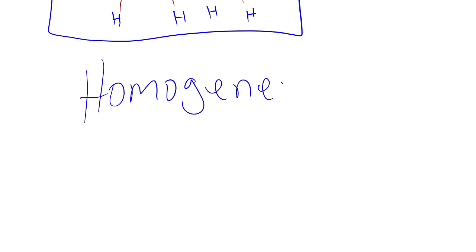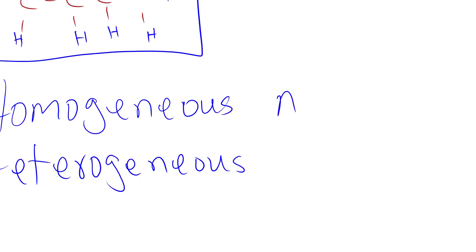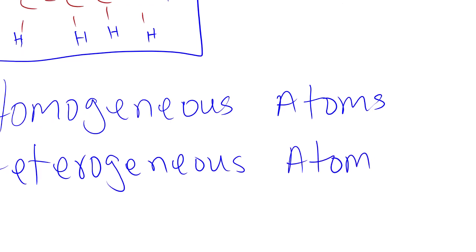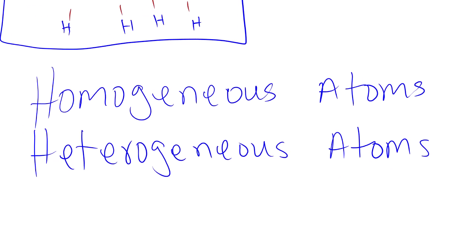When you hear hetero, that means different. Heterogeneous means different atoms. Homogeneous means the same or similar atoms, while heterogeneous means different atoms.